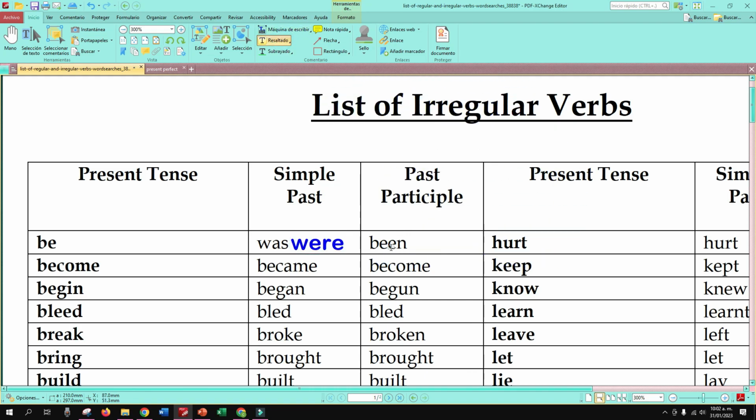And in the past participle, the one that you're going to use with present perfect, that is been.